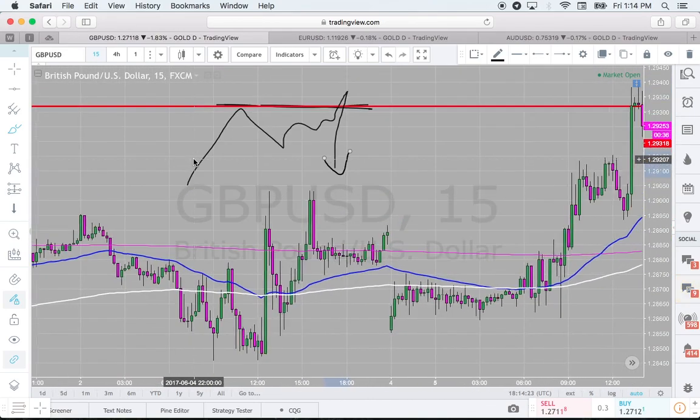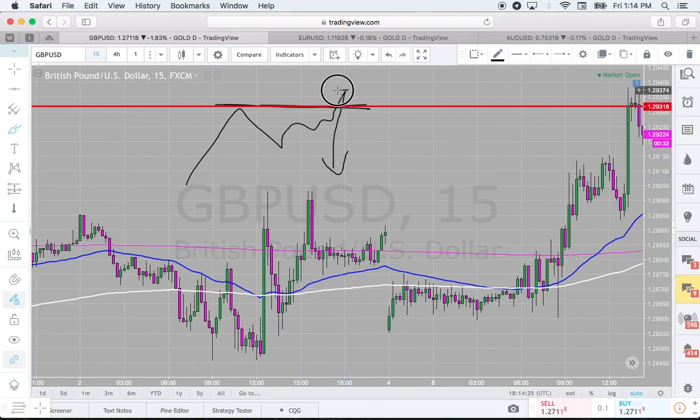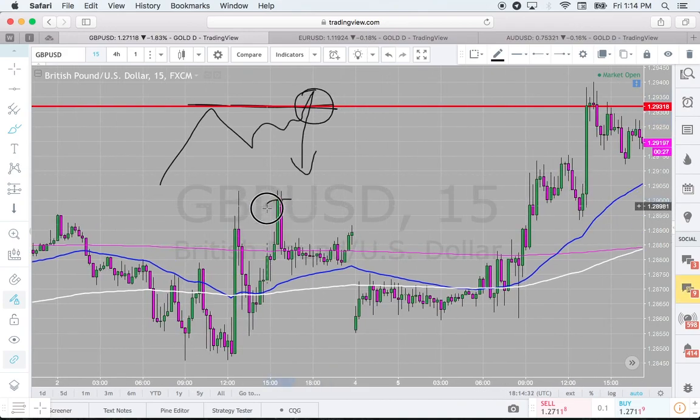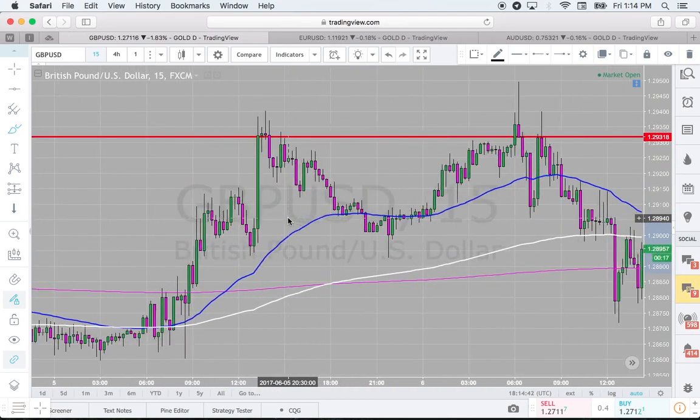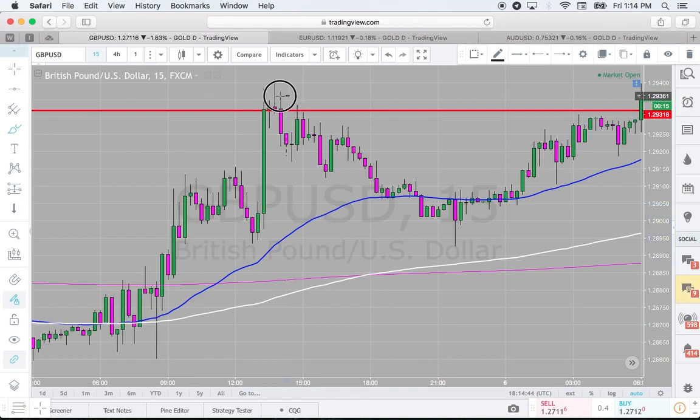This shift, this spike to the high, has to be volatile, or in other words, it has to look like this. It has to have either a railroad track, a wick, a large wick to the high, or it has to end with a star formation like here.